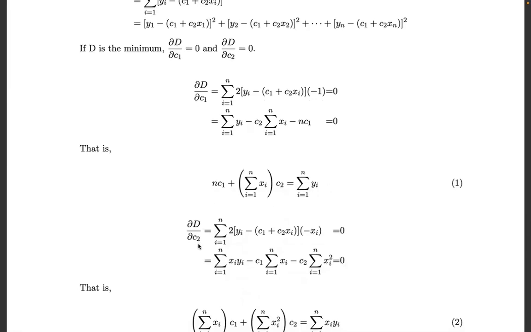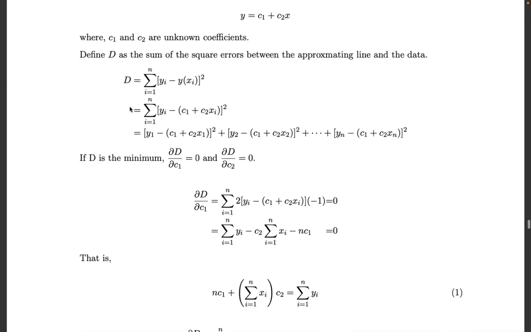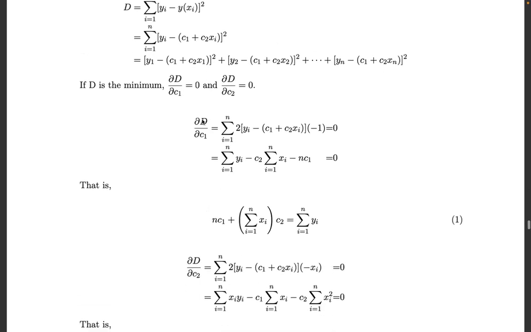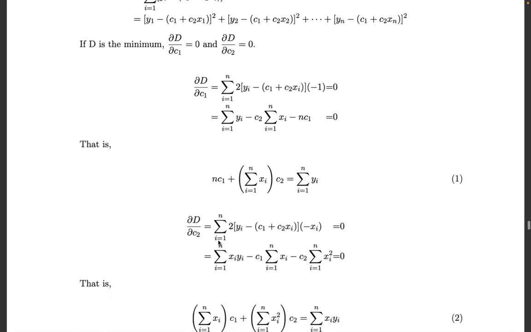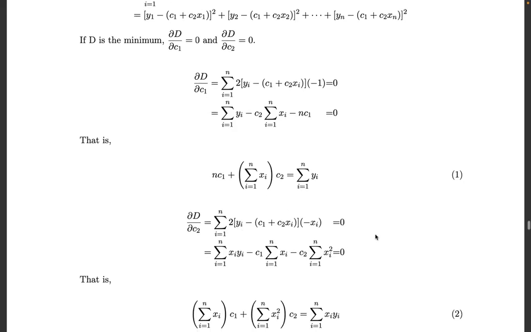Similarly, for partial D over partial c2, we differentiate this formula again, now with respect to c2. The sum from i equals 1 to n of 2 times (yi minus (c1 plus c2 xi)) is the same, and for c2 the derivative is minus xi, equals 0. Similarly, the constant minus 2 cancels out.